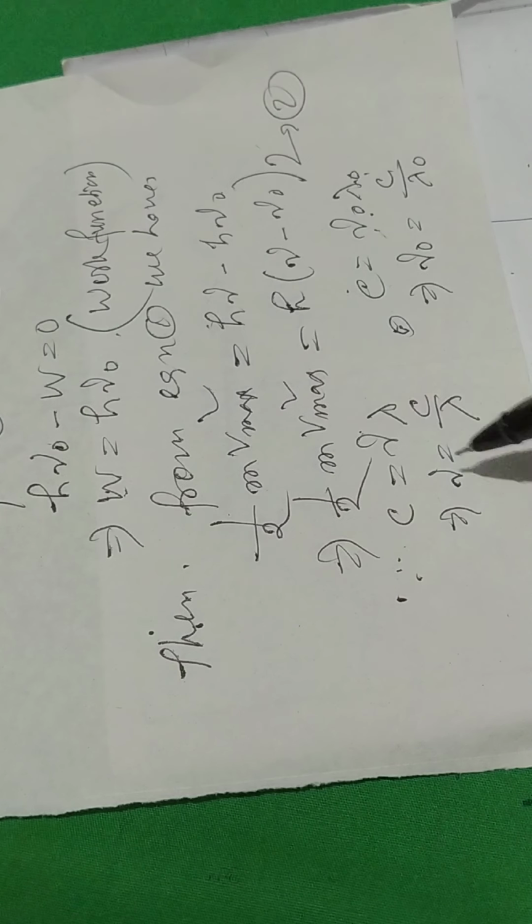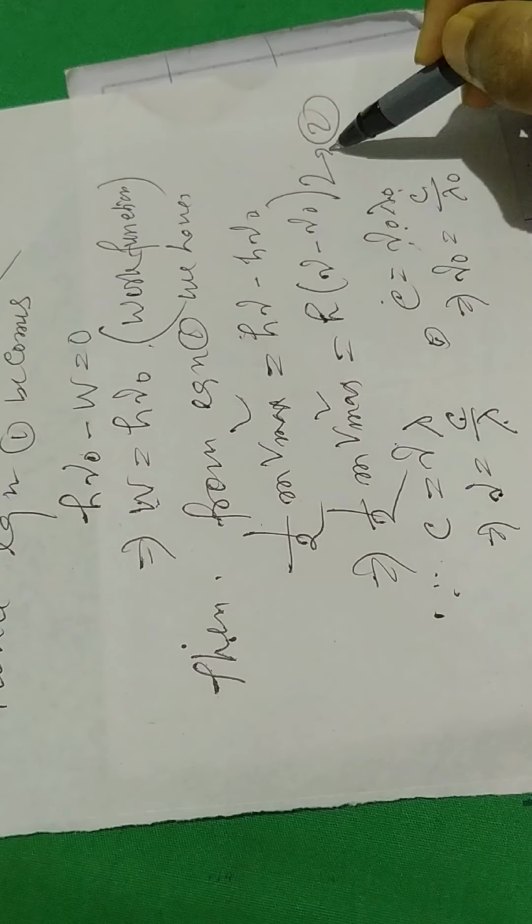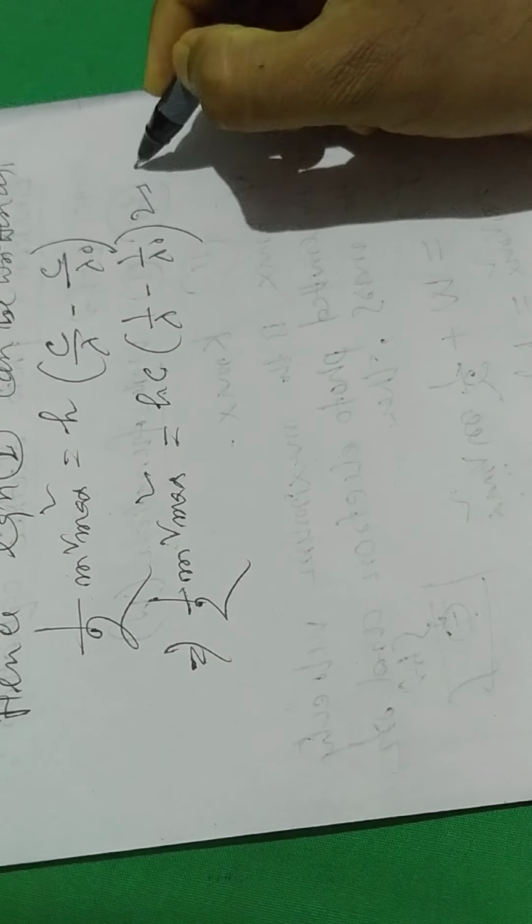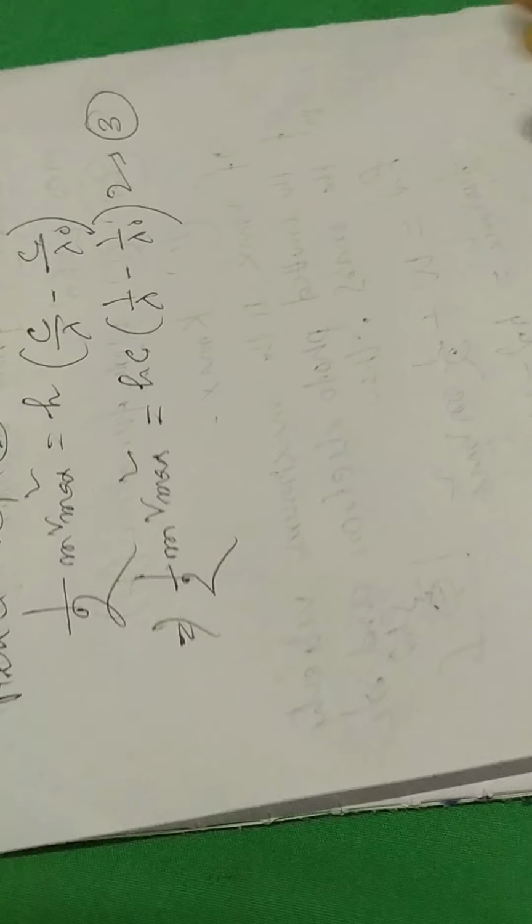Here we are just substituting nu equal to c by lambda in equation 2, replacing nu with c by lambda and nu naught with c by lambda naught. So this is another form of Einstein's photoelectric equation. This is equation number 3.